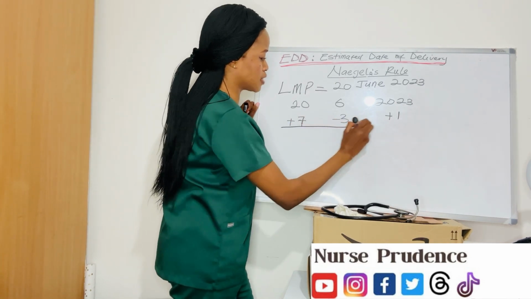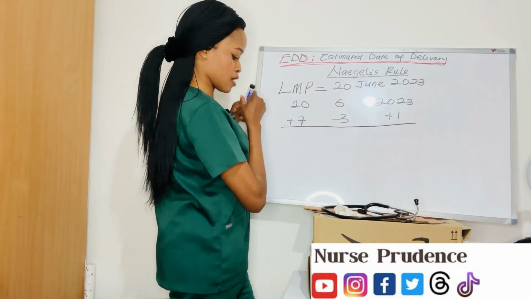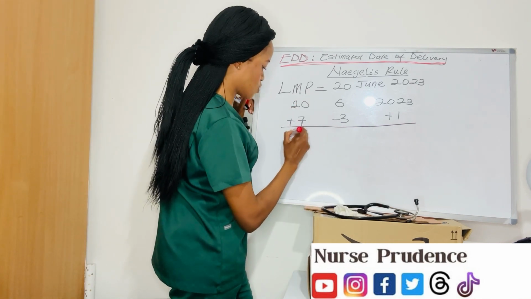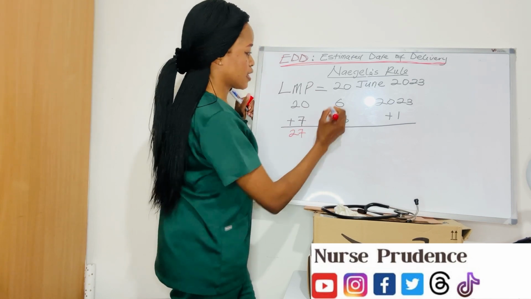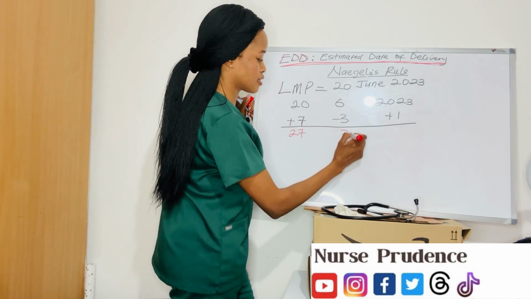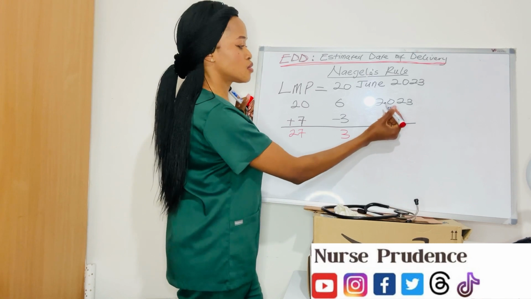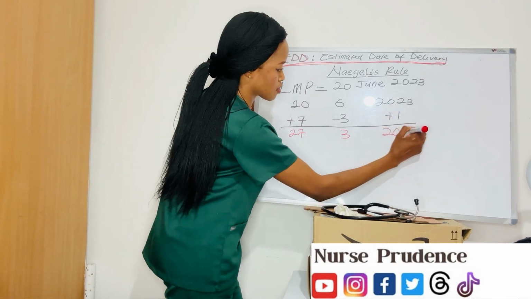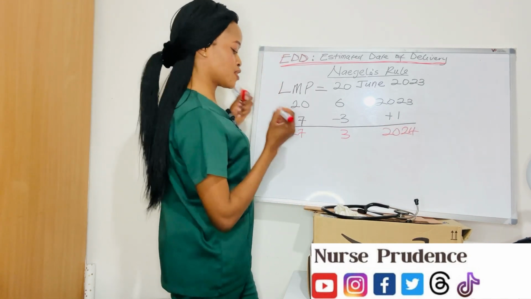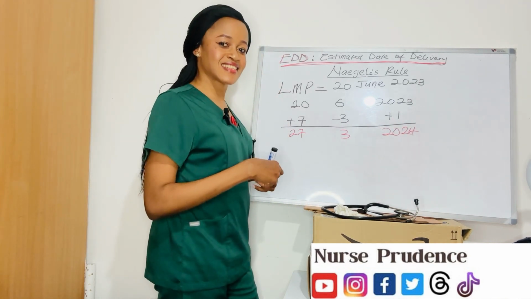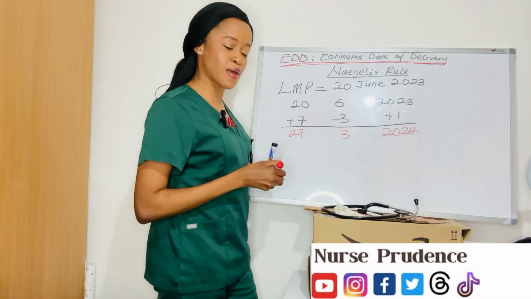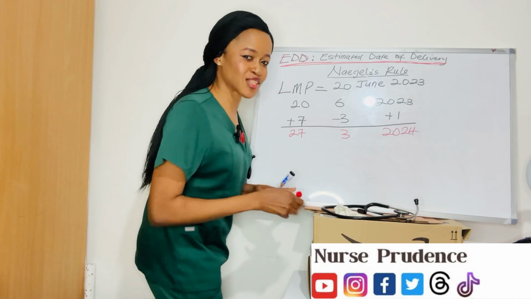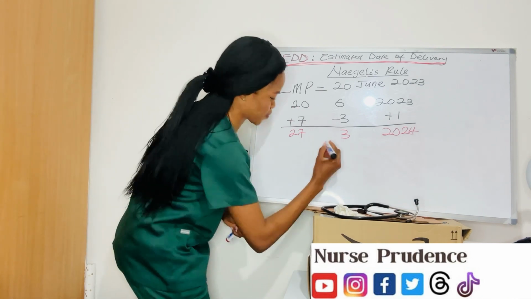And when you add this up, you will have 20 plus 7 is 27. 6 minus 3 is 3. And then 2023 plus 1 will give you 2024. And this woman is estimated to deliver her baby on the 27th of March 2024.